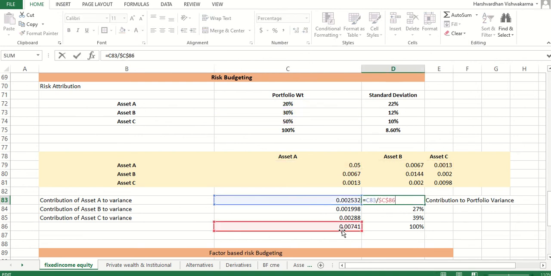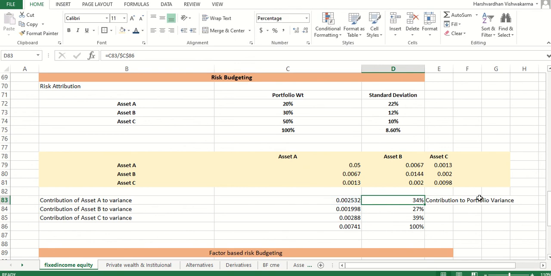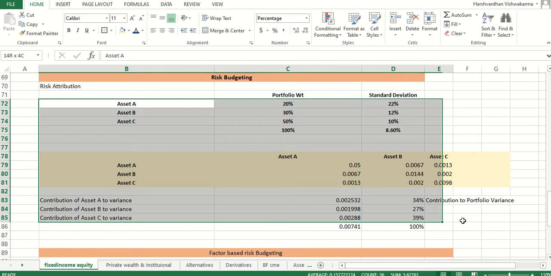Then divided by the total variance, you will get the weight of that asset, or the contribution of that asset to the entire portfolio. This is for the covariance matrix.